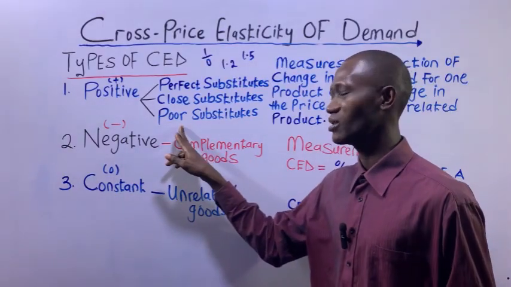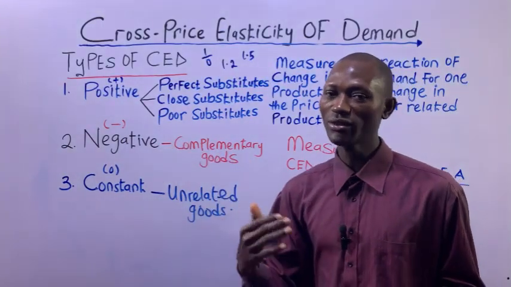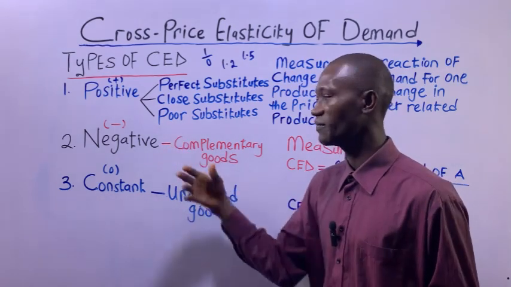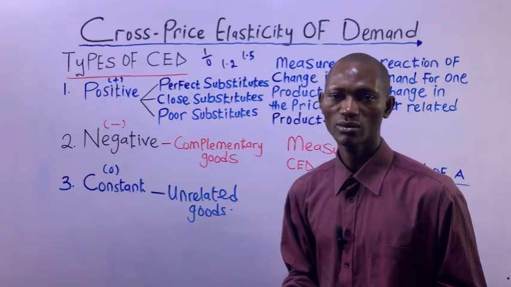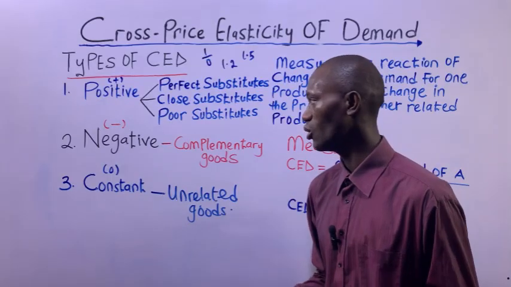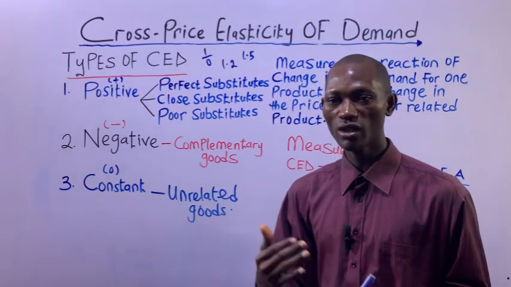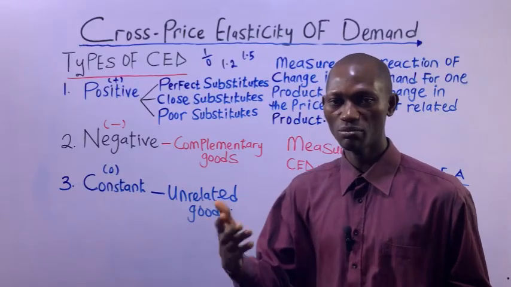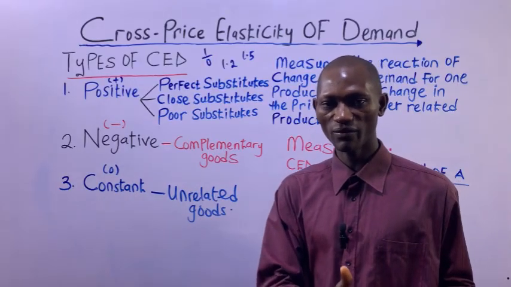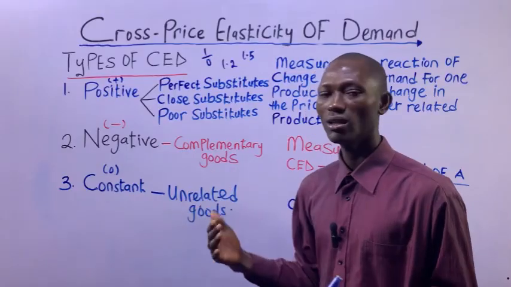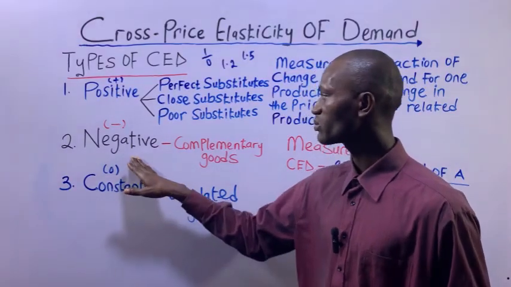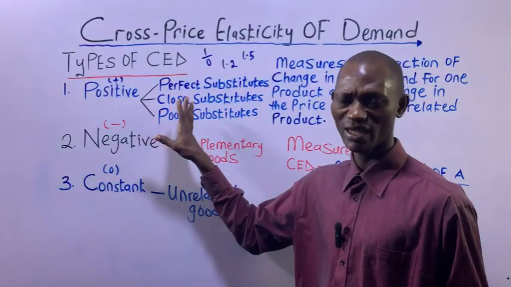So less than 1 but greater than 0 is the cross price elasticity coefficient for poor substitutes. I hope that is understood. So when one good is of higher quality than the other, the one of higher quality is considered superior, and the one of lesser quality is considered the poor substitute or inferior good in question. So that's sorted out, I guess.